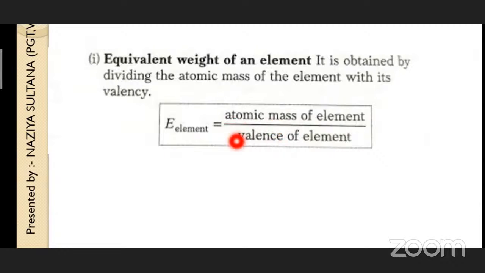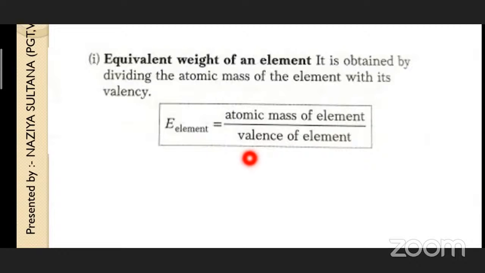So what is valency? Valency is nothing but the combining capacity. Why do combination reactions actually take place? Combining means the atoms are unstable, so they will react to form molecules.